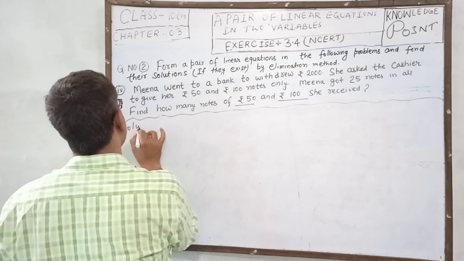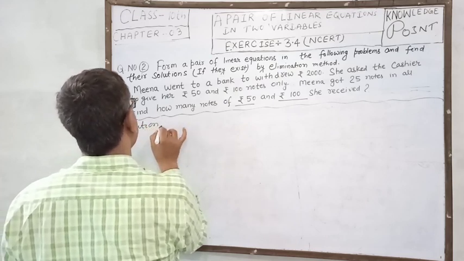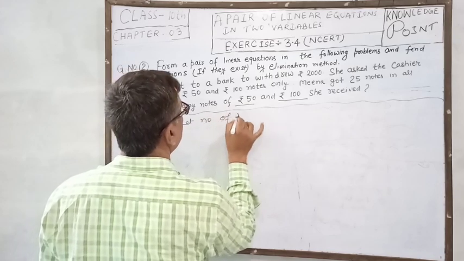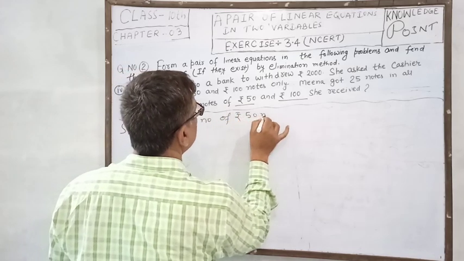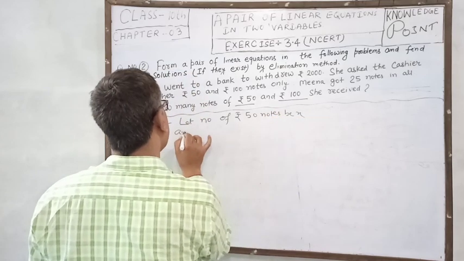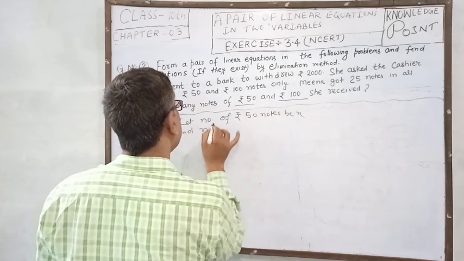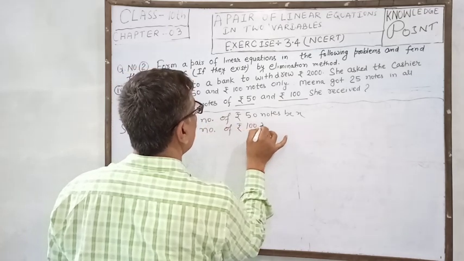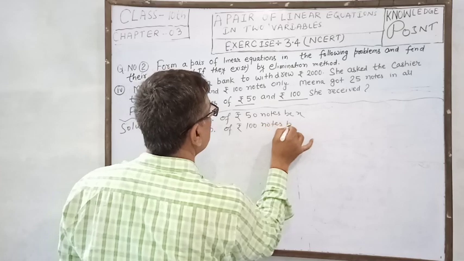So let the number of rupees 50 notes be x and the number of rupees 100 notes be y.